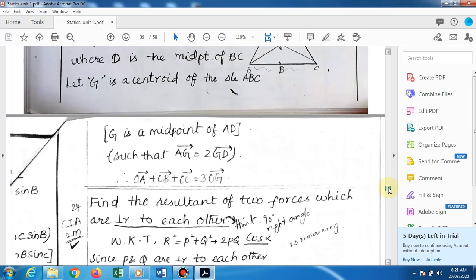Then G lies on AD such that AG vector is equal to 2GD vector. So OA plus OB plus OC is equal to 3OG. This is just to take a glance, nothing important.